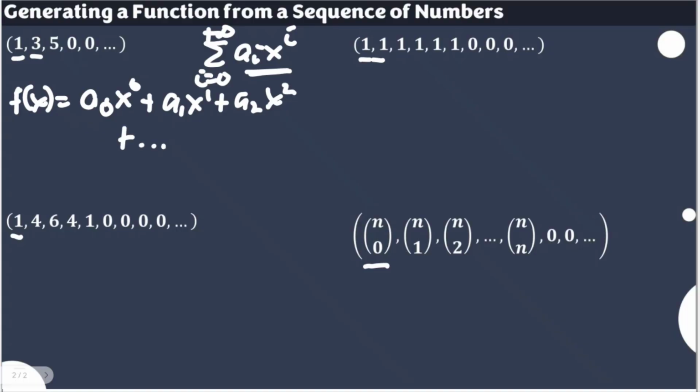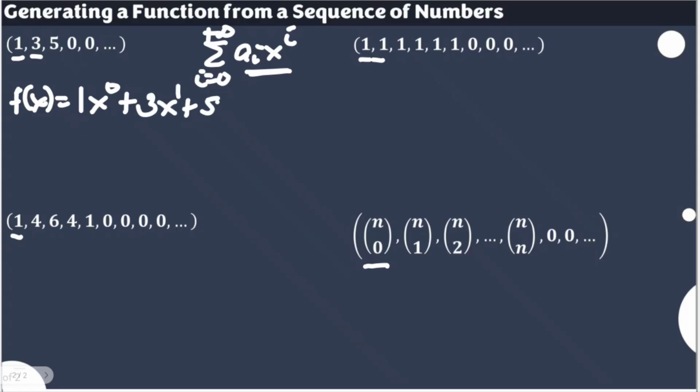In this case, since a sub 0 is the first term and the second term is a sub 1, we substitute that here, and it will look like this. Hopefully you have followed this one. You have 1 x to the power of 0, plus 3 x to the power of 1, plus 5x squared, plus the next terms would be 0 x cubed plus 0 x to the power of 4, and since it's so on and so forth, we still have 0 as coefficients of the remaining terms.